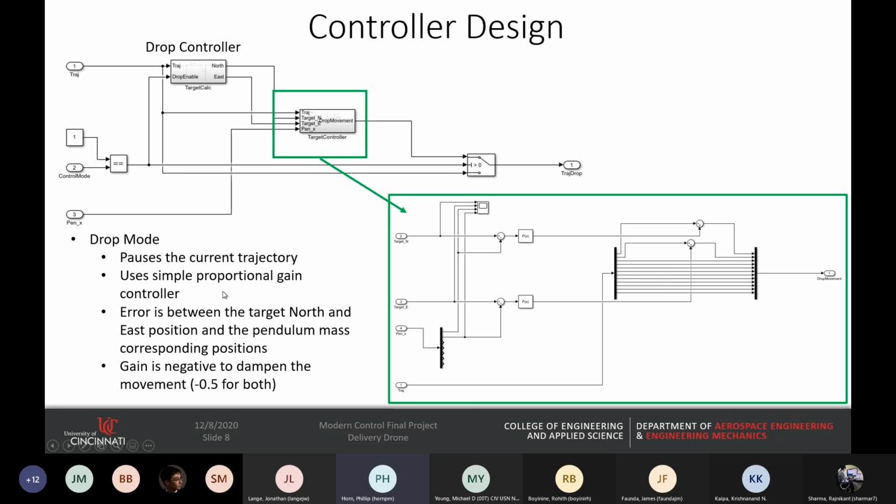So essentially what it does is it drops it, and it has proportional gain controllers on both the errors of the pendulum mass to where the target is. And then we put negative gain on here so that the rotors of the quadrotor actually move over top of the pendulum mass in order to dampen it.